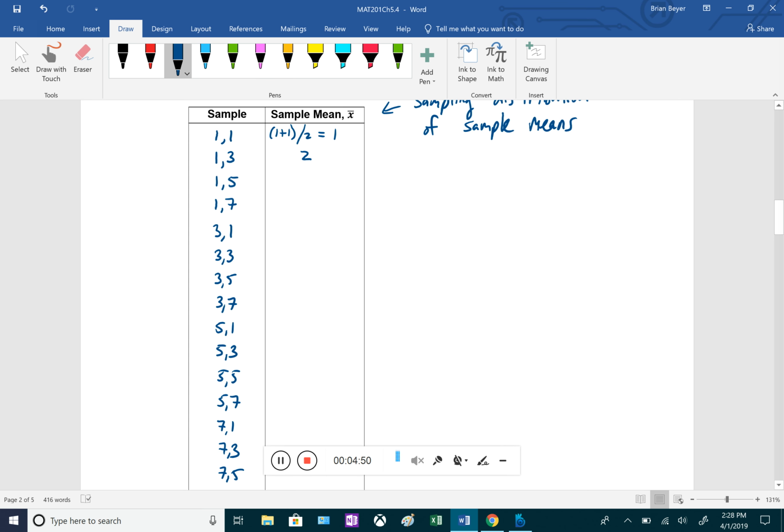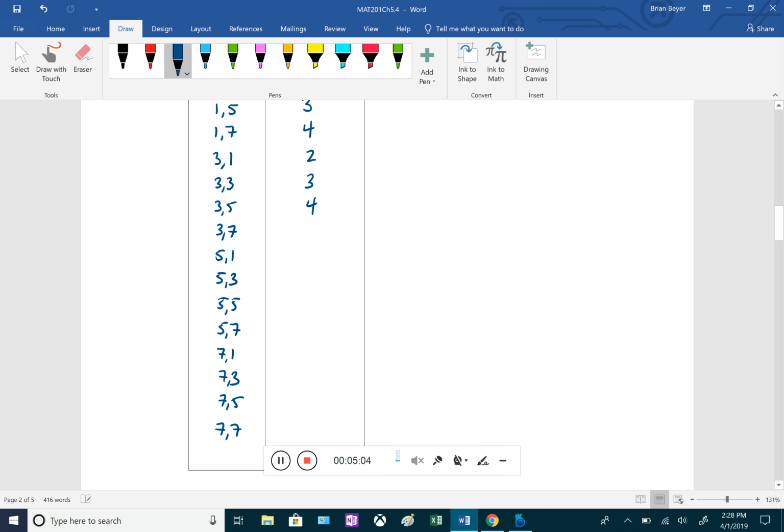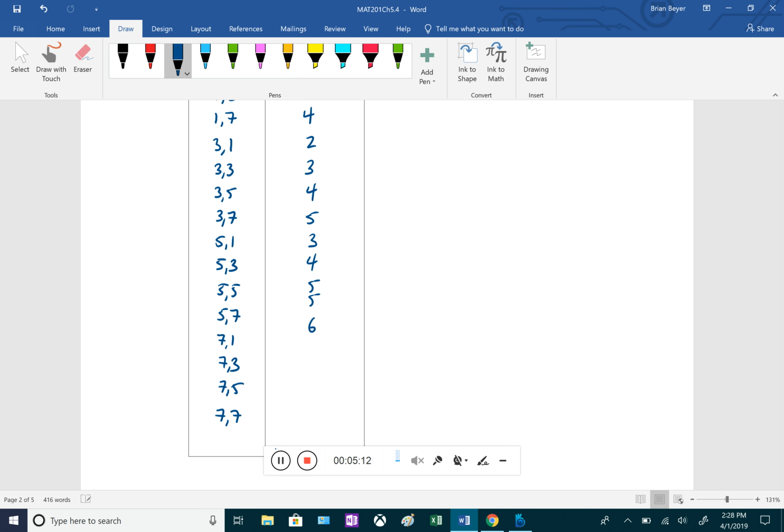The mean of 1 and 5 gives us 3. The mean of 1 and 7 gives us 4. And then I'm just going to fill out the rest of these. 3 and 1 is 2, then 3, and 4, and then it's going to be 5 for the mean of 3 and 7. Filling out the rest of them, we get these values.